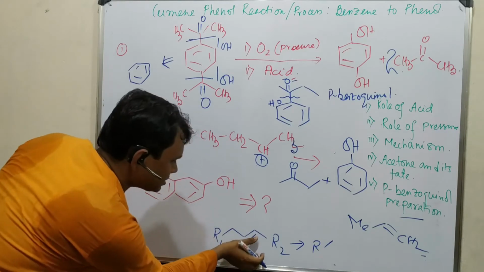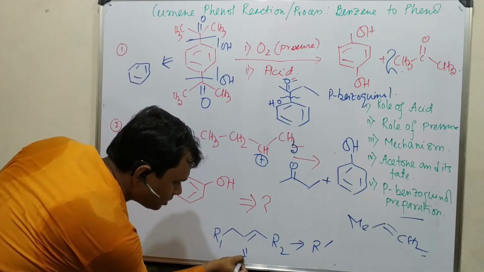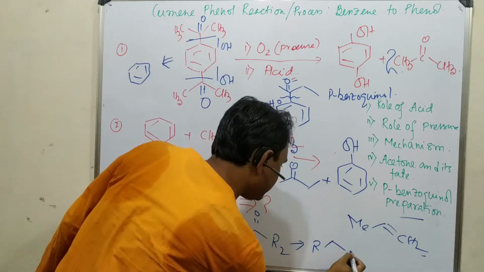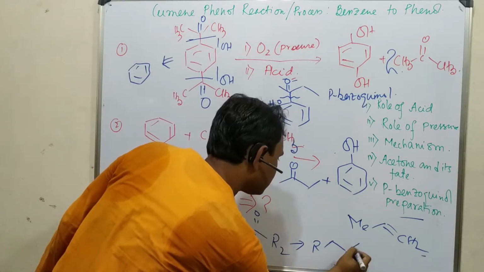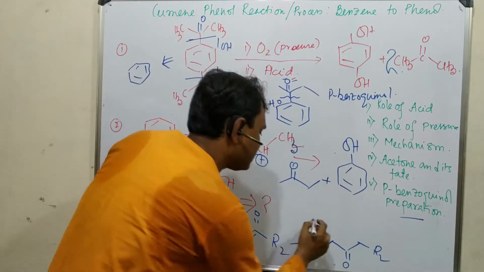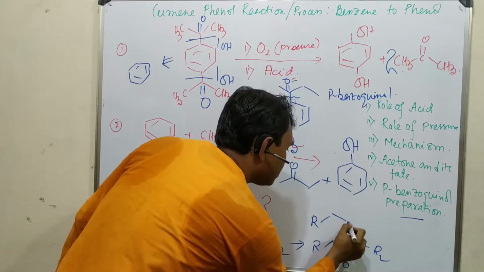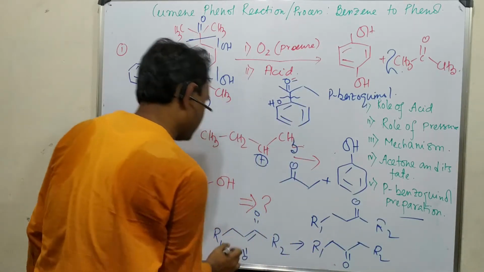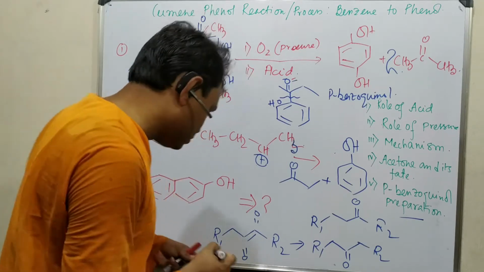Means this could be added to this or this. Okay, both. So one will be this oxygen R2, and the other will be this. So ultimately there will be a mixture. Okay, so I guess you have understood the fact.